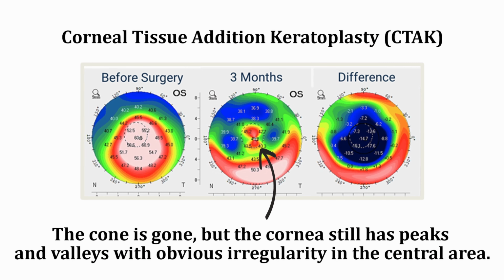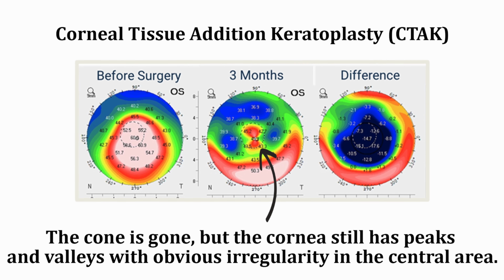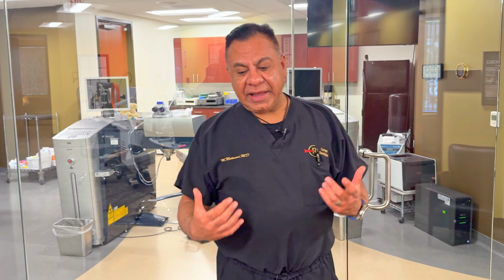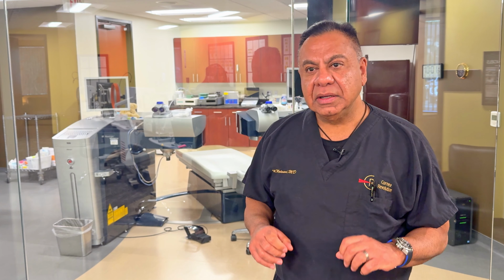But again, this is a macro way. You're pushing this cone down. You're not mapping it. You're not directly addressing micron by micron exactly that shape. So it can help, but it's not making a more normal cornea per se by mapping it and changing it.